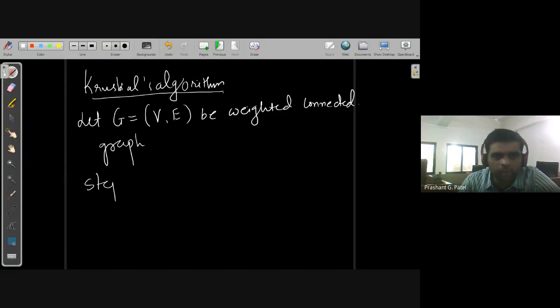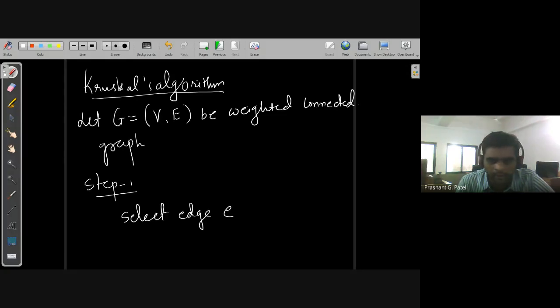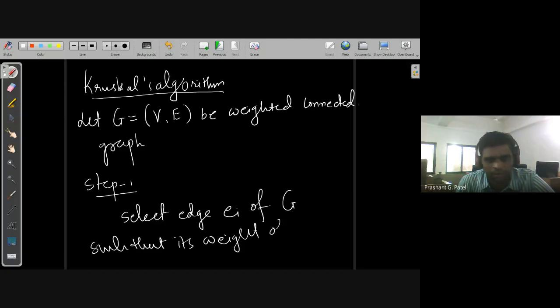Now what is step number 1? Step number 1 says: select an edge E_i of G such that its weight W of E_i is minimum.